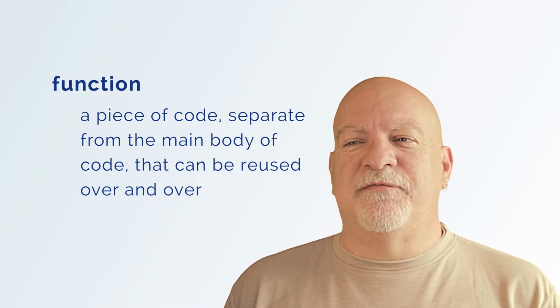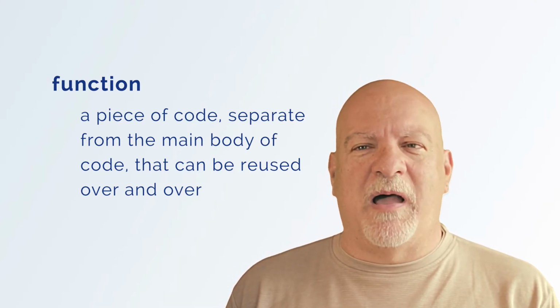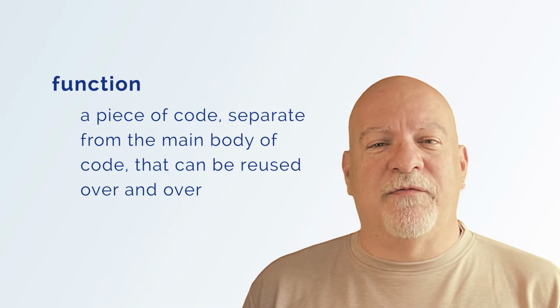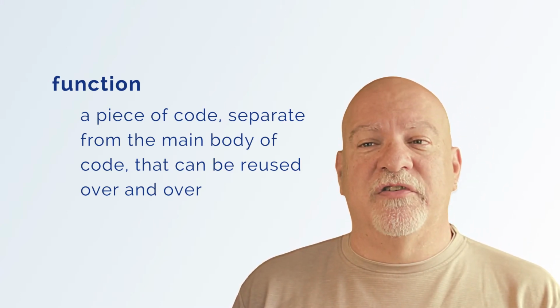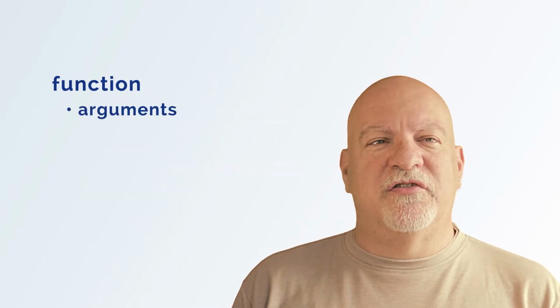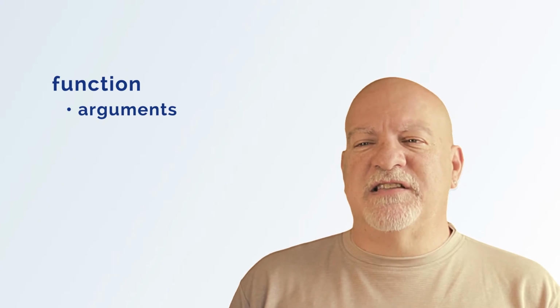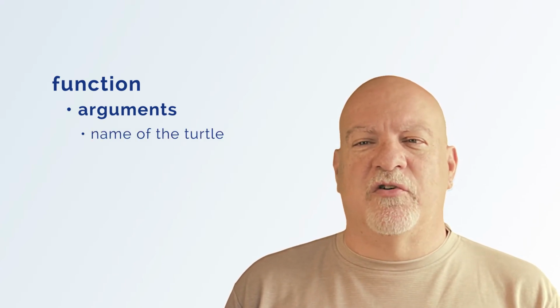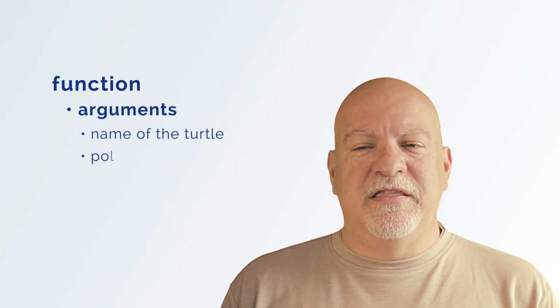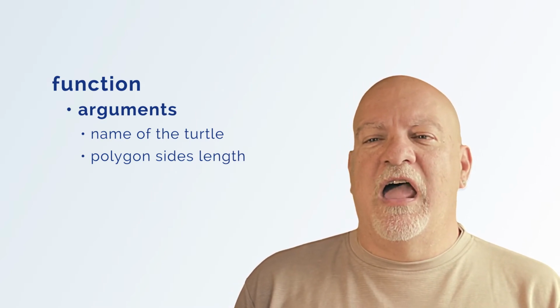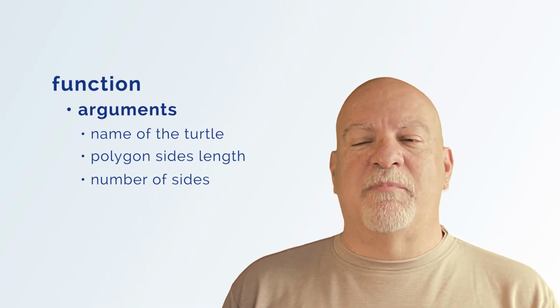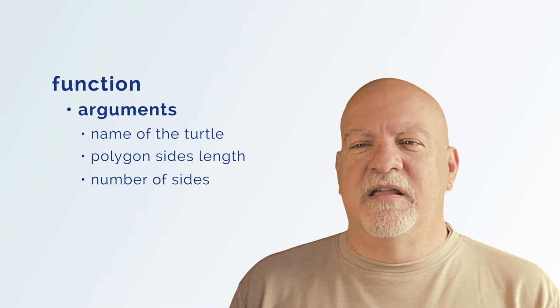In this case, the function simply draws the polygon. Now, what makes a function interesting is that we can change the input parameters each time we call it. We do this by passing arguments to the function. In this case, we will pass the name of the turtle that we are working with, the length of the polygon sides we will draw, and the number of sides to be represented in that polygon.